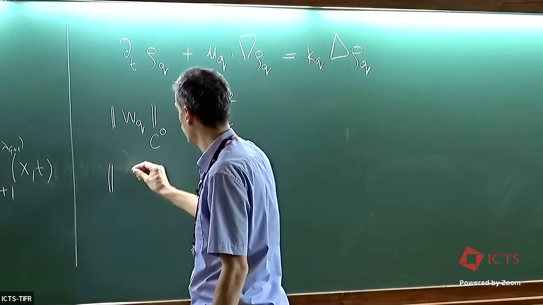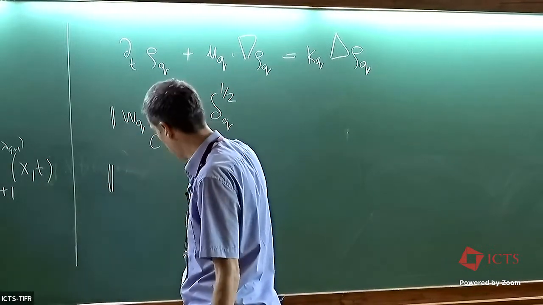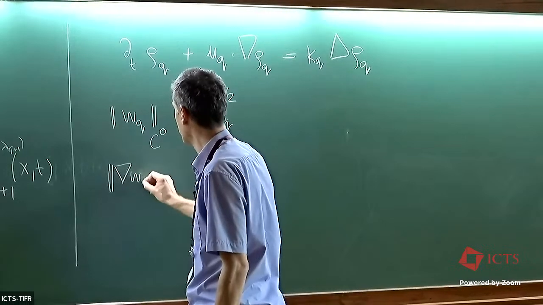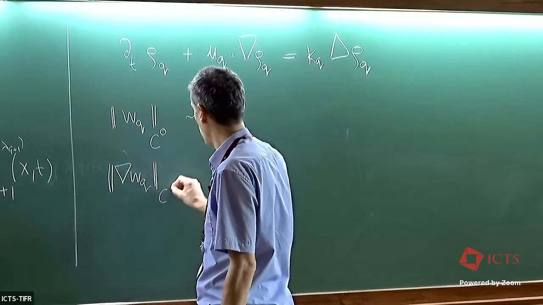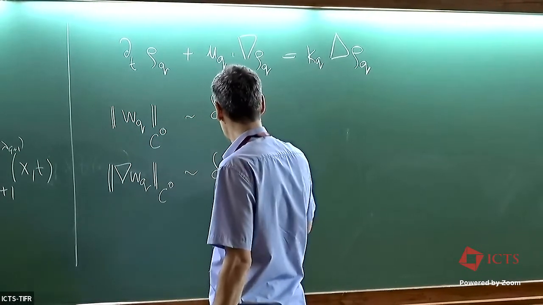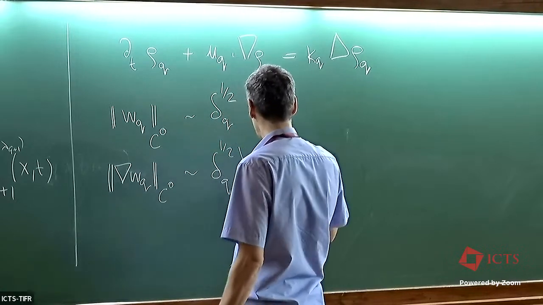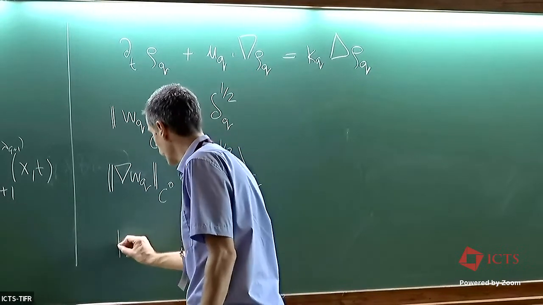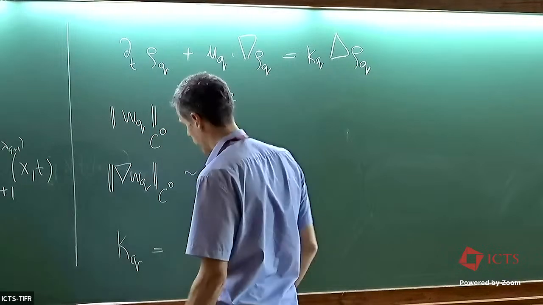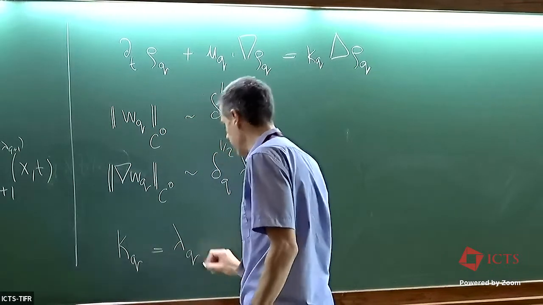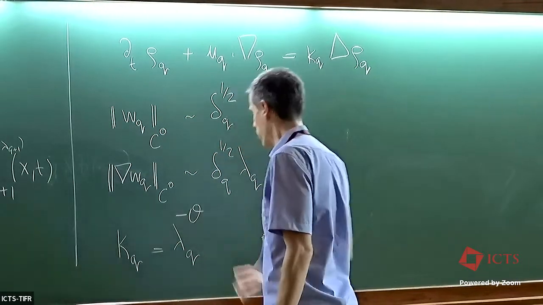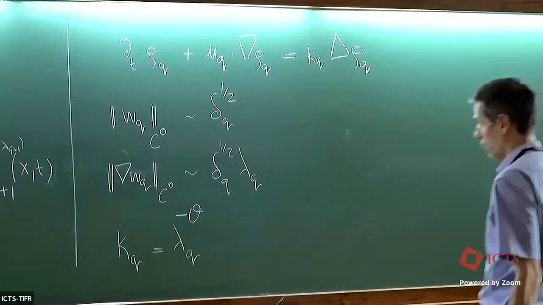Like in Hyunju's talk, the frequency, so let's say the gradient of the perturbation gets an extra lambda q, and this will correspond to a kappa q, which I briefly explained last time, which is like a negative power of the lambda q.